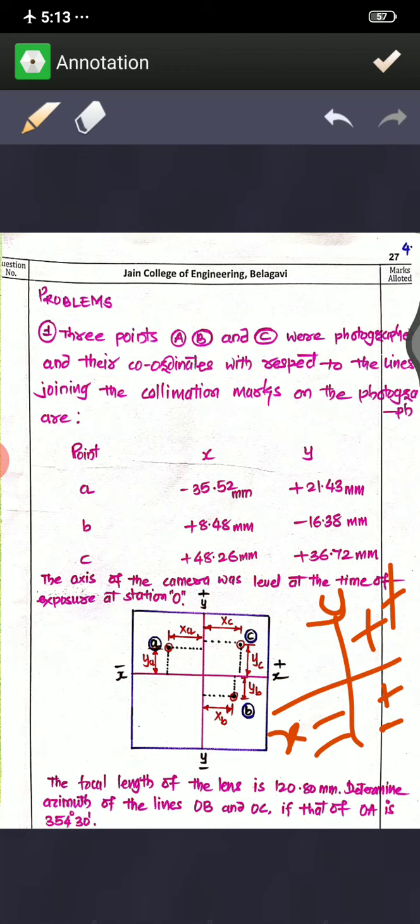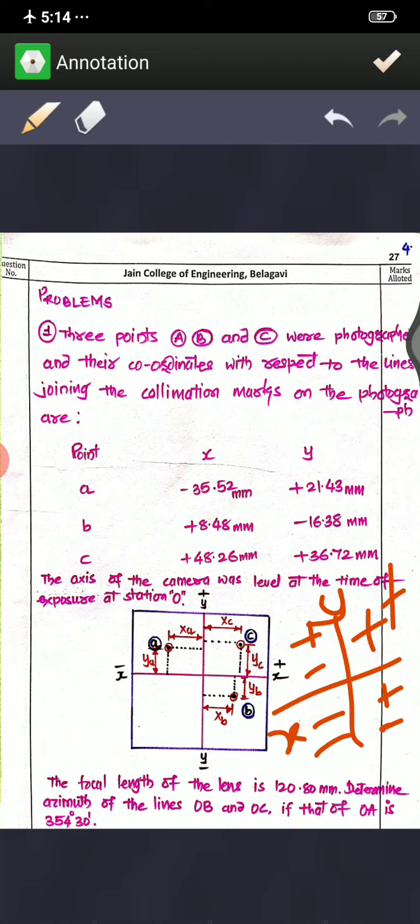In the third quadrant both will be negative, x negative and y negative. And in the fourth quadrant x will be negative and y will be positive, right. This you have to understand.